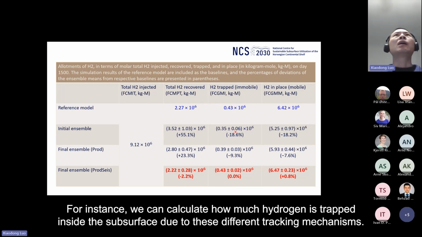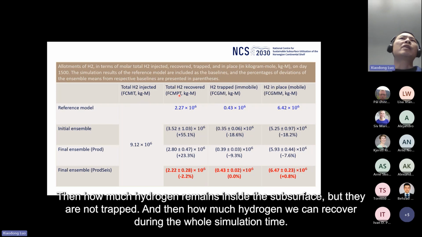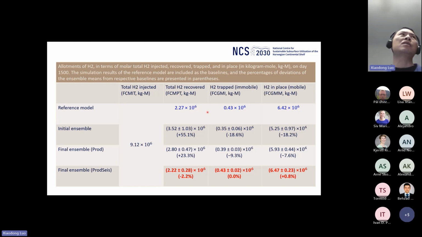For instance, we can calculate how much hydrogen is actually trapped inside the subsurface due to these different trapping mechanisms, and then how much hydrogen remains inside the subsurface but is not trapped, and then how much hydrogen we can recover during the whole simulation time.